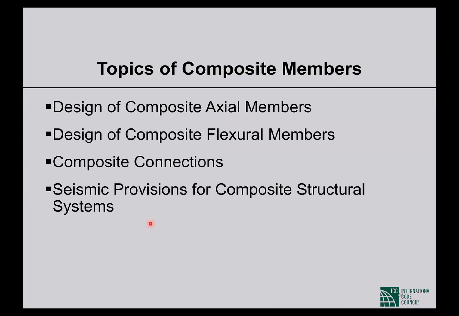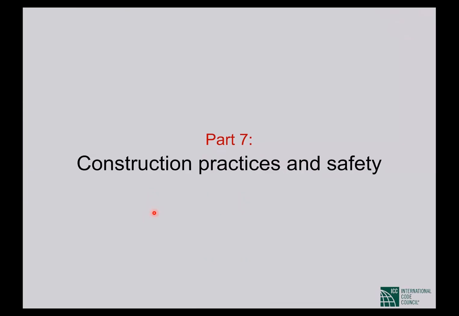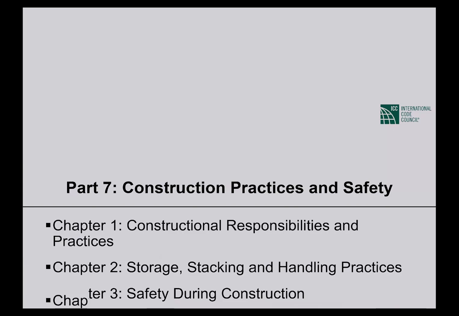These details are there, even the seismic provisions for composite structural systems. Now, I used up probably all my time in describing part 6. So I have very little time for part 7 still.